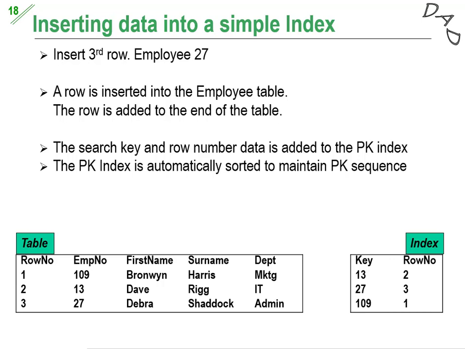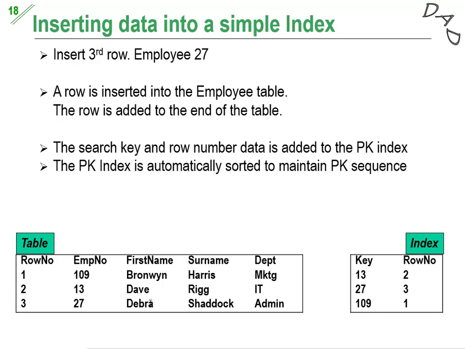Now we are trying to insert the third row into our employee table, this time employee number 27. So we run the insert into command and press enter. A row is inserted into the employee table, and the row is added to the end of the table.